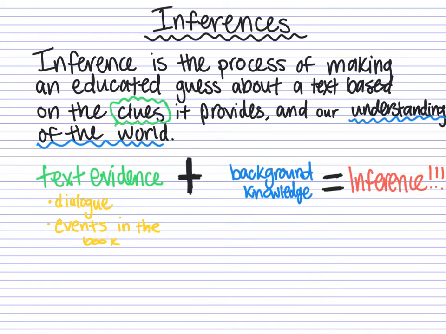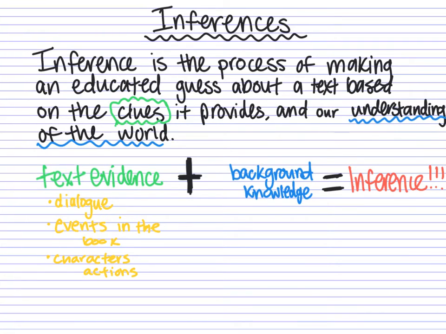Those are all pieces of text evidence. Characters' actions. Things that the character does in a book is an example of text evidence. It is things right there in the book.